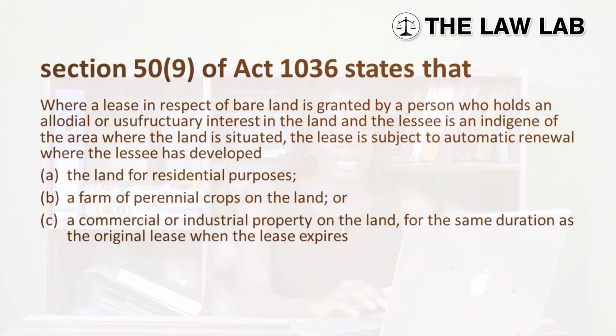So, Section 50 states that where a lease in respect of a bare land is granted by a person who holds an allodial or usufructuary interest in the land, and the lessee is an indigene of the area where the land is situated, the lease is subject to automatic renewal where the lessee has developed the land for residential purposes, or farms perennial crops on the land, or has a commercial or industrial property on the land, for the same duration as the original lease.